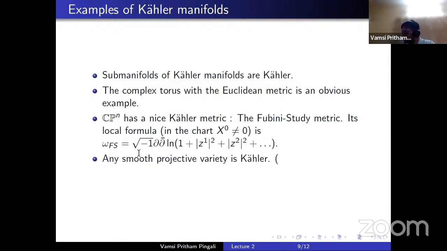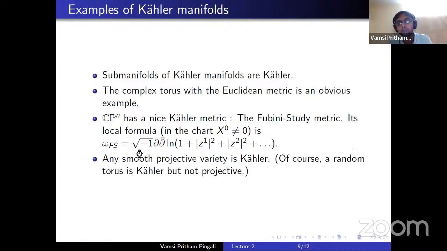So as a consequence, since CPN has a Kähler metric, any sub-variety, any sub-manifold of CPN, is Kähler, because you can simply restrict the Kähler metric to the sub-manifold. But as I said earlier, if you take a randomly chosen torus, it is of course Kähler because you have the Euclidean metric on it.